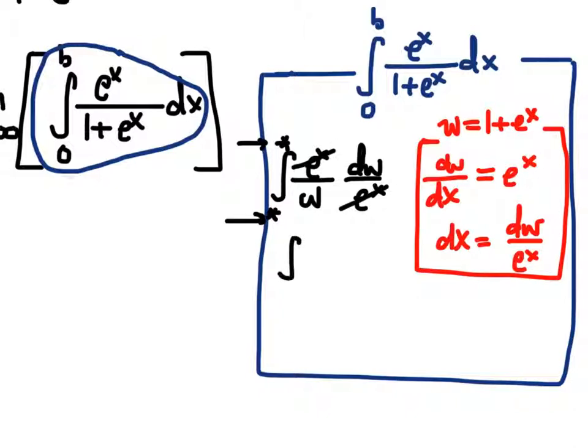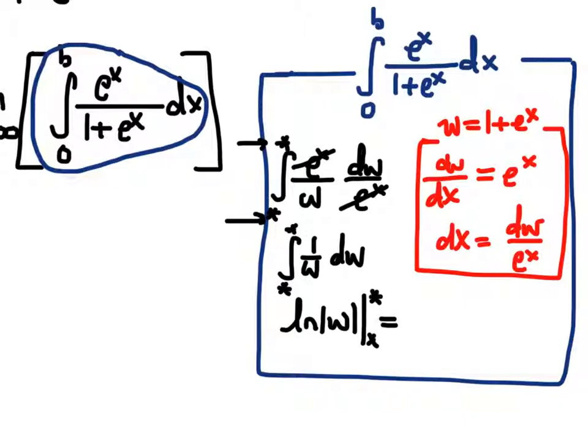Now you just have the integral of 1 over w dw, and when you take that integral, you get ln of w, again from star to star. You go back to x's, so we get ln of 1 plus e to the x from 0 to b.